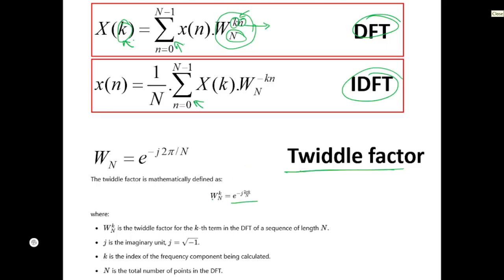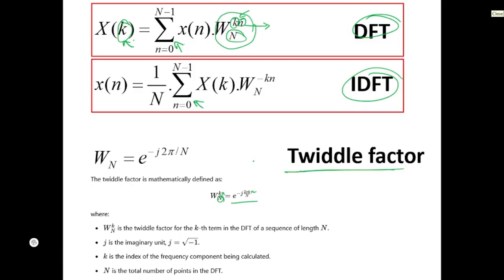And when we are having W_N, so if you see minus j 2 pi k divided by capital N. Okay, so this N at the bottom subscript is basically suggesting that this twiddle factor is equal to e to the power minus j 2 pi k by capital N. And if you see, we need W_N^{kn}, so when we have this small n over here, it also gets multiplied over here.